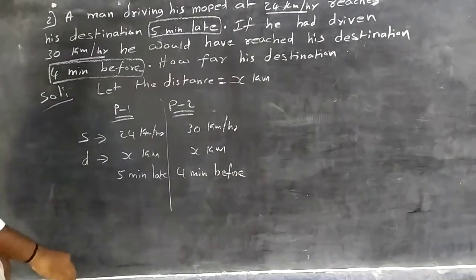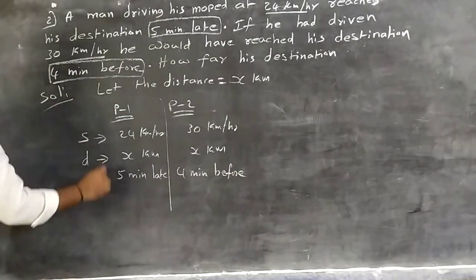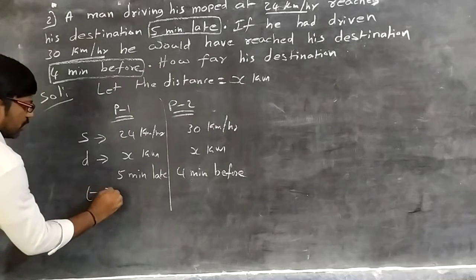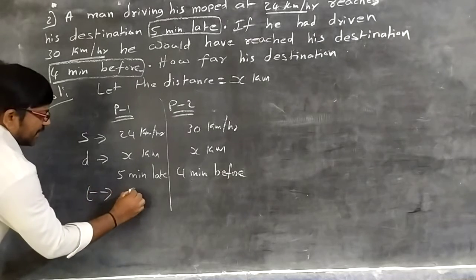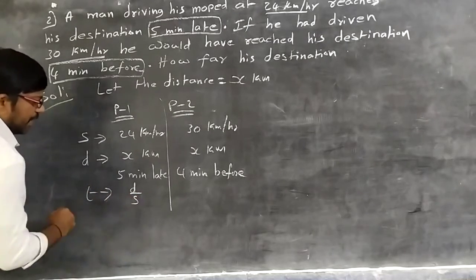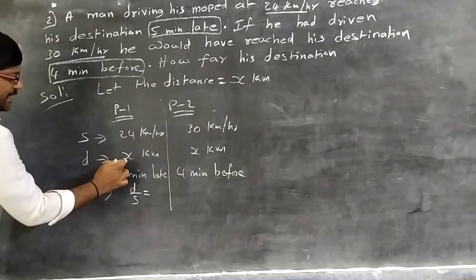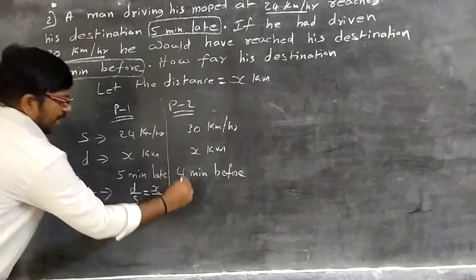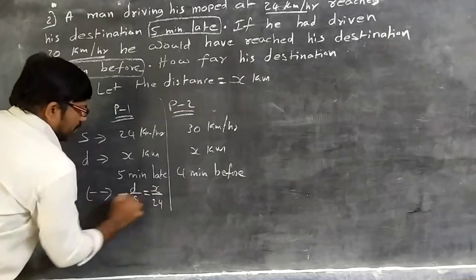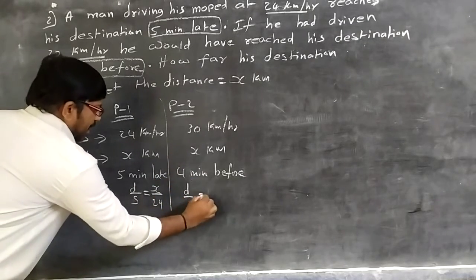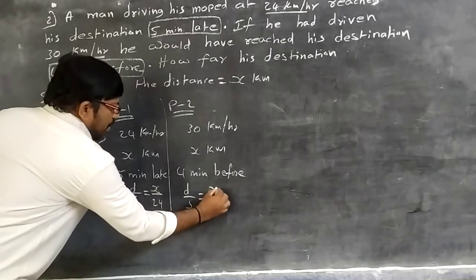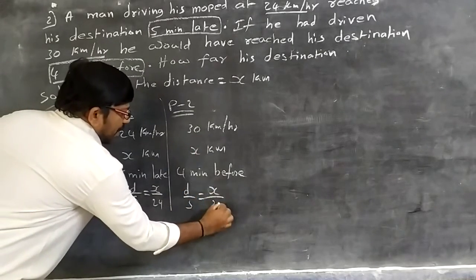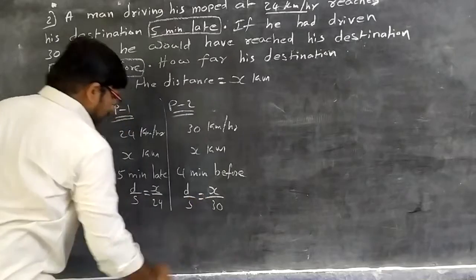Now the time. In part 1, time t is equal to distance by speed, that is distance x by 24, x by 24. In part 2, time t is equal to distance by speed, that is x by 30.